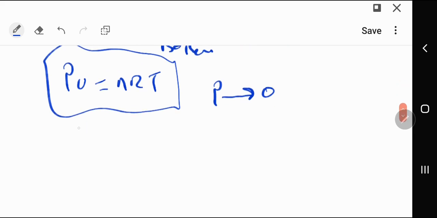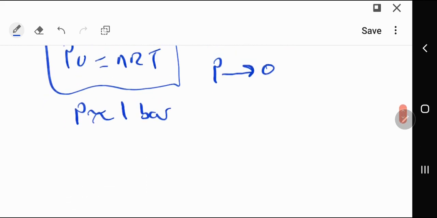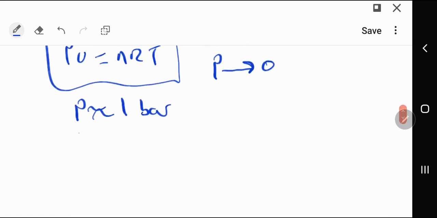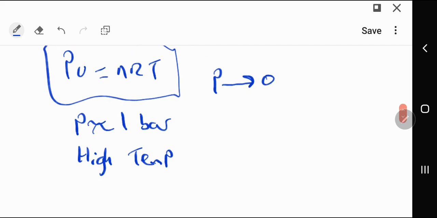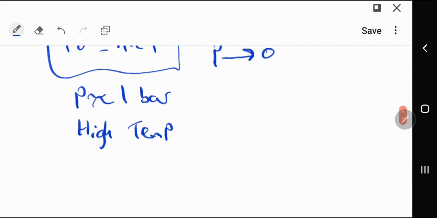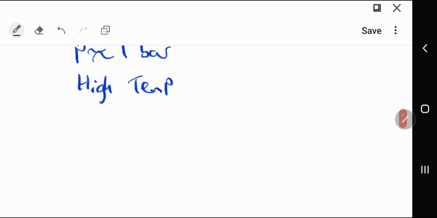But it's usually accurate enough for experiments at pressures roughly equal to 1 bar and reasonably high temperatures. This formula usually works. That's everything referring to the perfect gas equation I can think of.